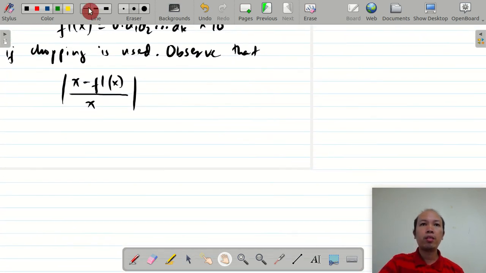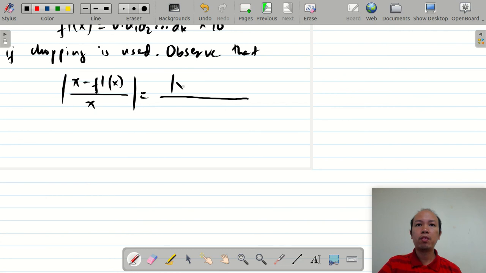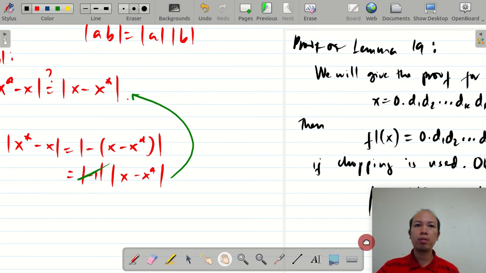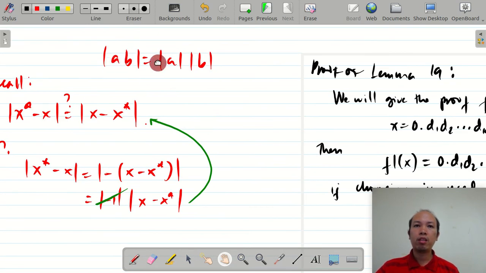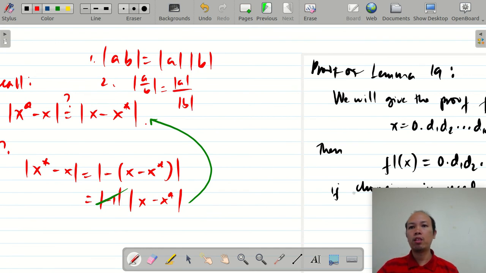Well anyway, don't forget that we can write it in this form, x minus fl of x over the absolute value of x. That's the same property, the same rule for division: the absolute value of A over B can be written as this one.